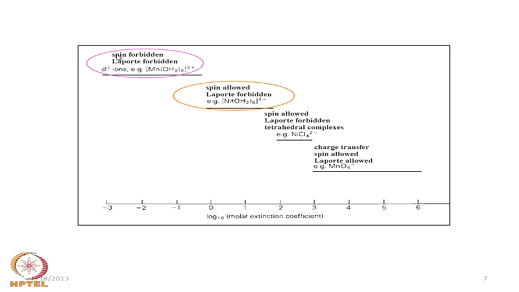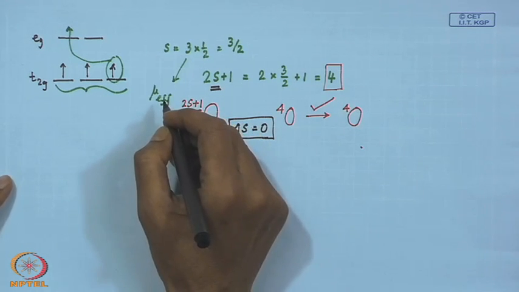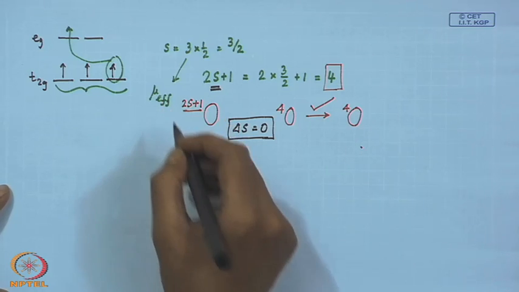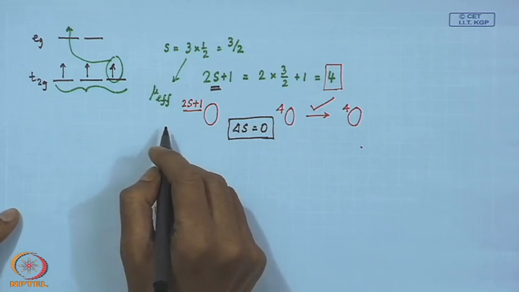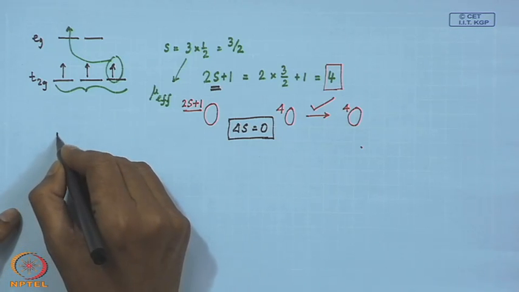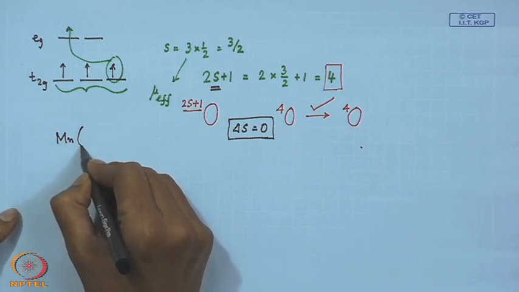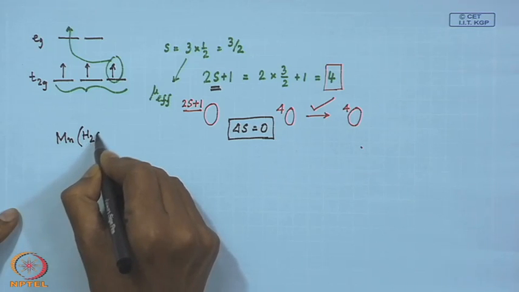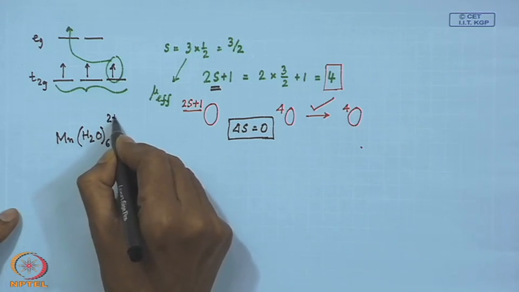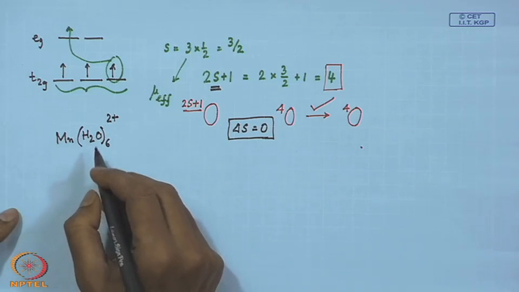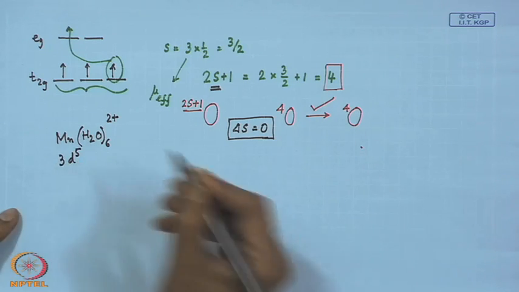One is related to the spin and another is the Laporte rule, that means whether we have the p-p type or p-d type. So, if we take the example of simple hexaaqua manganese(II) ion, it is a d5 system.